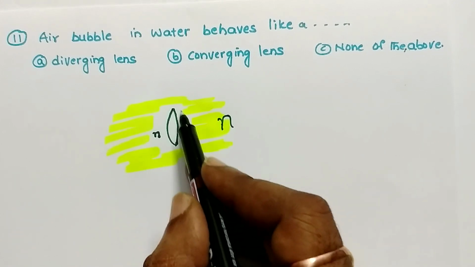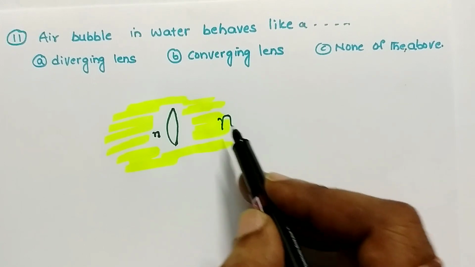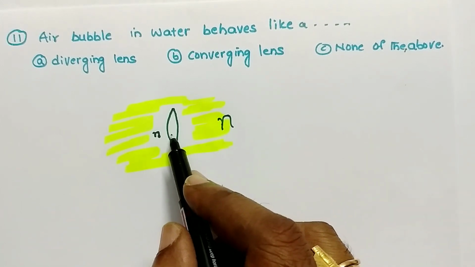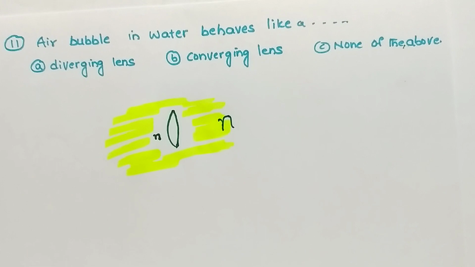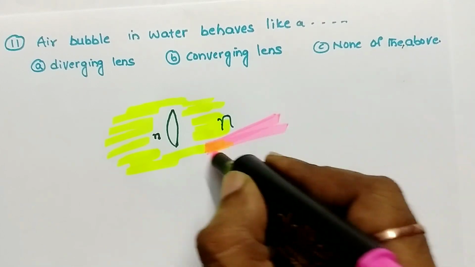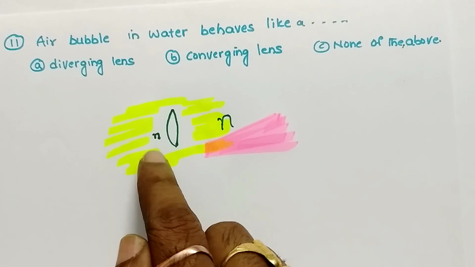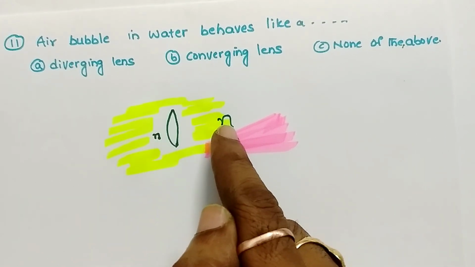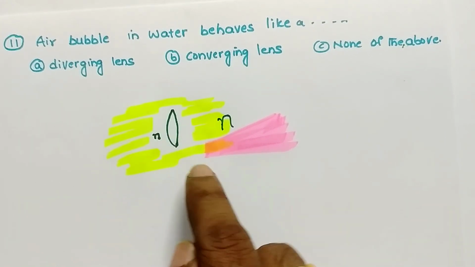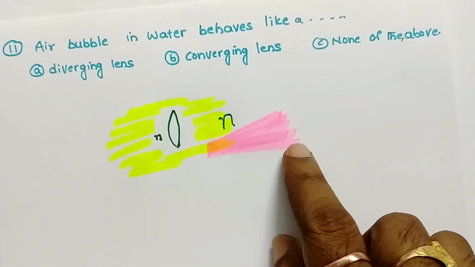The refractive index of the convex lens is less and the refractive index of the medium is high. In this case, the convex lens behaves as a diverging lens, that means it behaves as a concave lens.